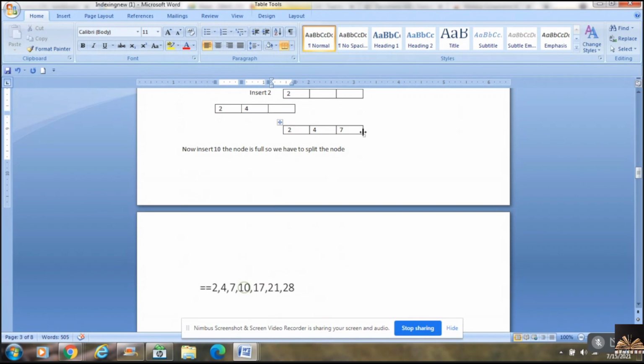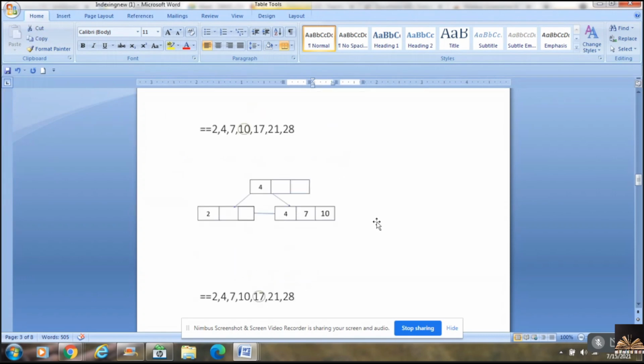The way to split the node is to calculate the median, and the median value is shifted towards the top. For 2, 4, 7, the median is 4. Whenever I want to insert 10, that value goes next to 7.